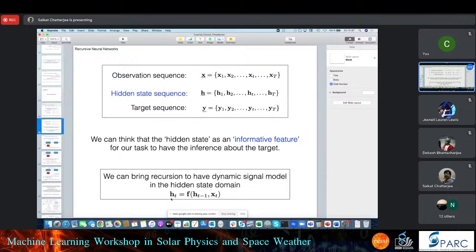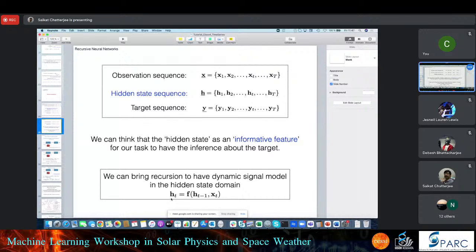Why could we not have defined, instead of using h over here, y of t as a function of y of t minus 1 and x of t? Okay. In many cases you do not have the true value of yt in your hand, which you are predicting.